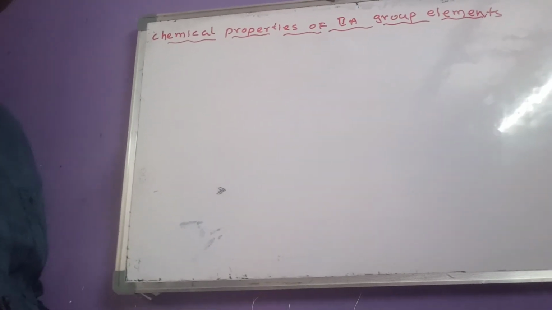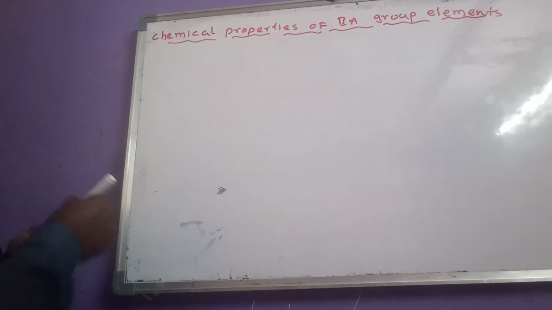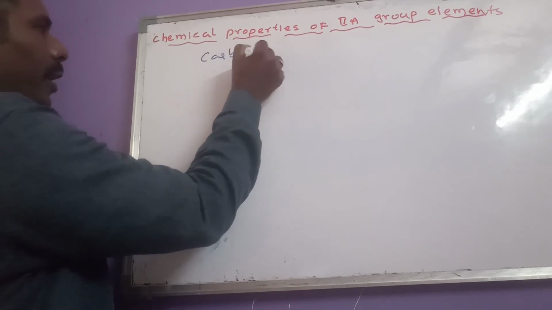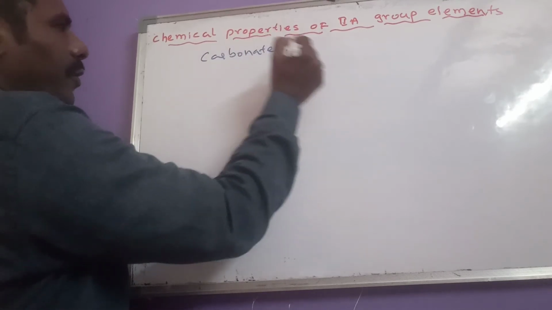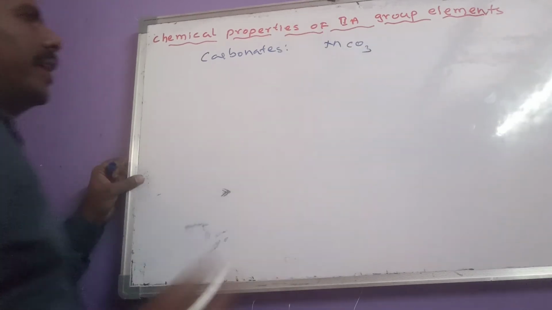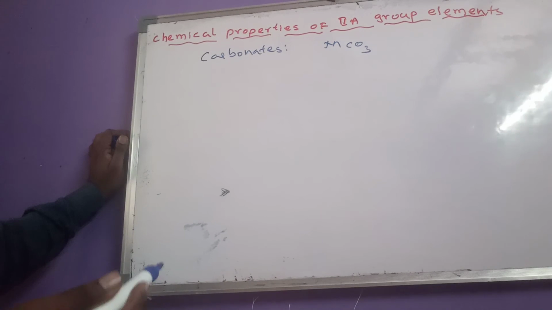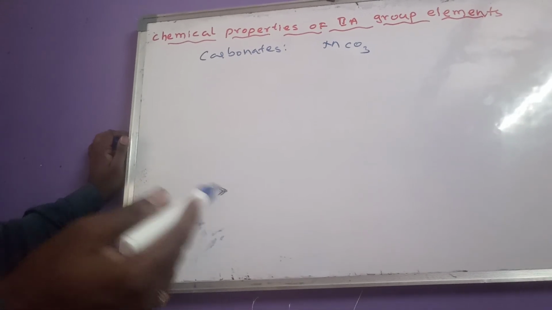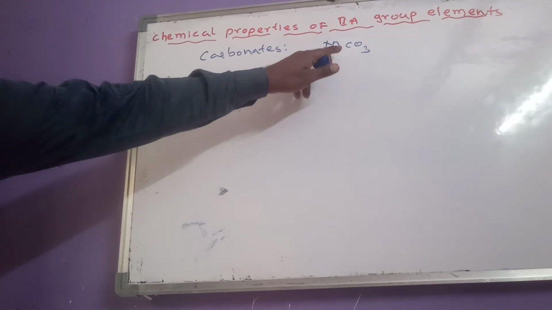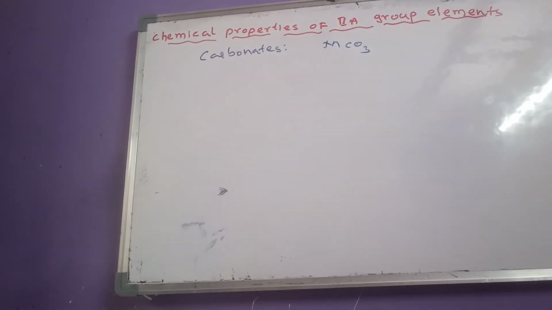Now let us see some compounds of alkaline earth metals. The first one is carbonates. The general formula of carbonates is MCO3. As M is in the plus 2 oxidation state and CO3 in the minus 2 oxidation state, the formula of alkaline earth metal carbonates is MCO3.